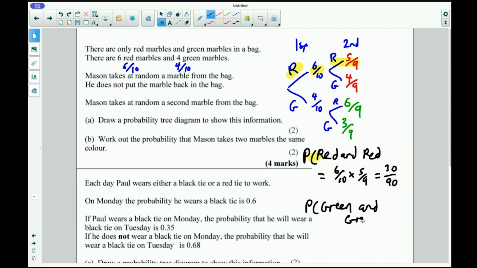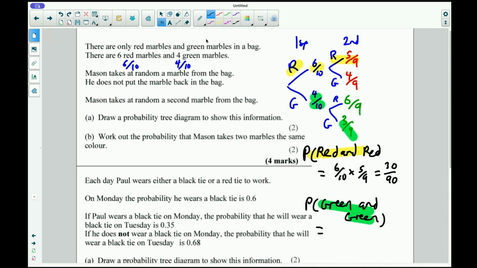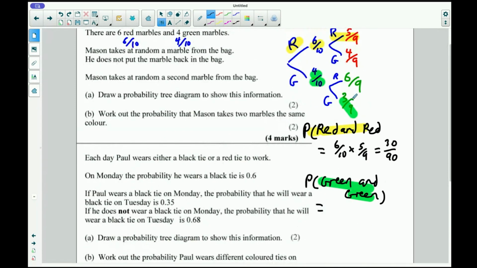So for green and green, we have 4 over 10 and then we've got 3 over 9. So green and green is 4 over 10 times 3 over 9, which gives us 12 over 90.